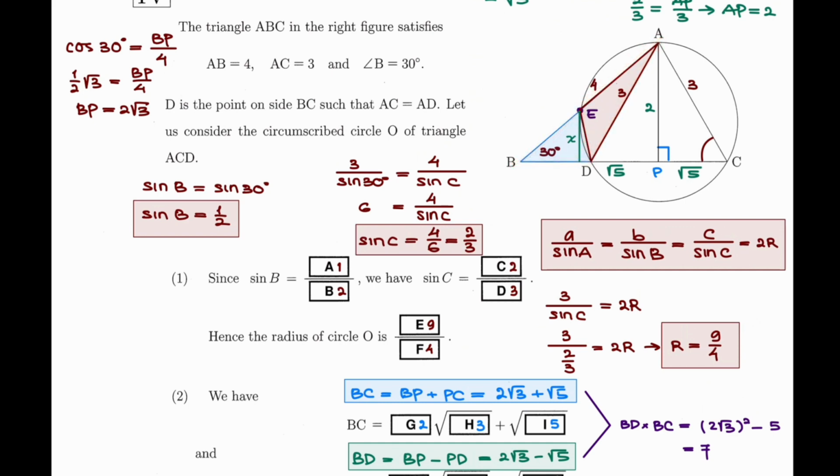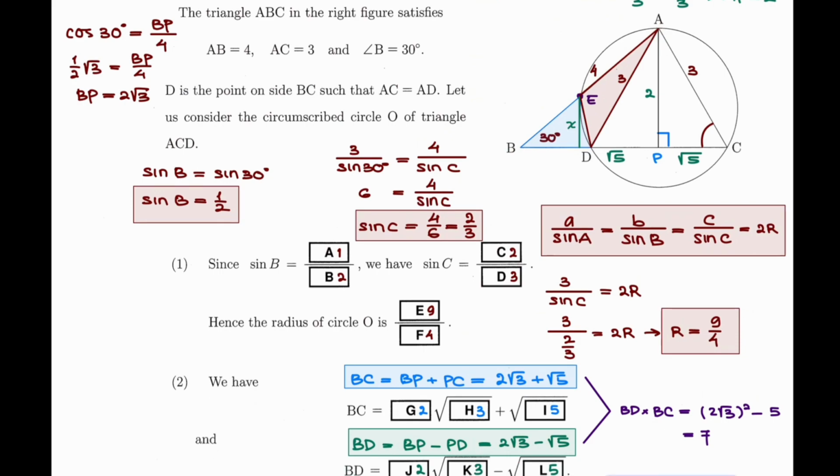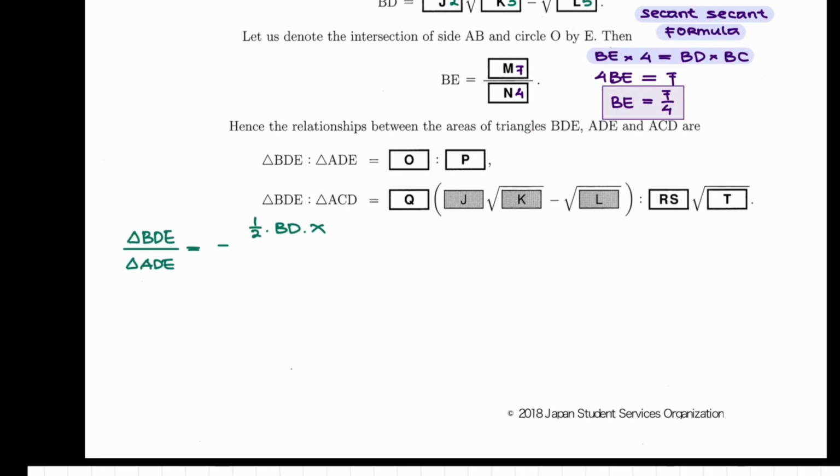So you calculate the larger triangle here, and subtract the triangle BDE. I will write down area ABD minus area of BDE.